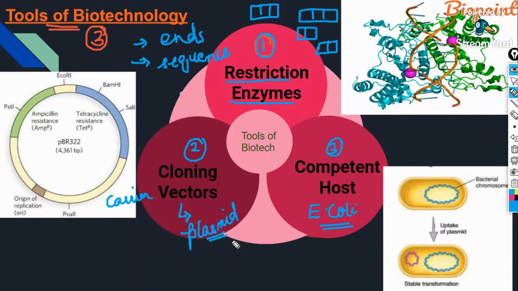Is it clear now? These are the tools of biotechnology: restriction enzymes, cloning vectors, and the competent host. So the cloning vector is actually the plasmid, and the competent host we are using over here is the E. coli bacterium. Clear?